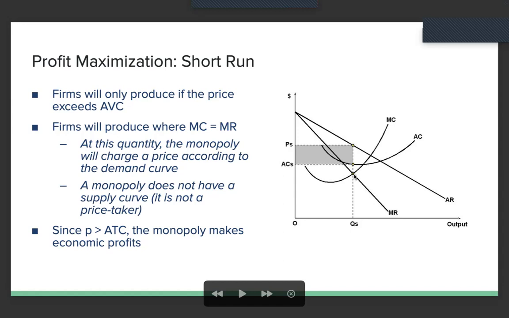And the profits are just as we saw, the price minus the average cost times the quantity you produce. Or you can again think of it as taking the bigger rectangle, which is total revenue, and subtracting the smaller rectangle, which are the total costs, and getting the shaded region as the profits.